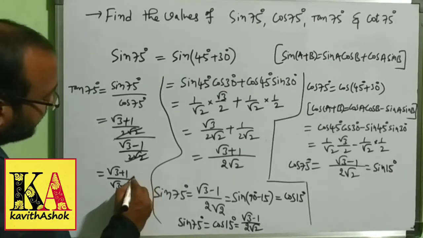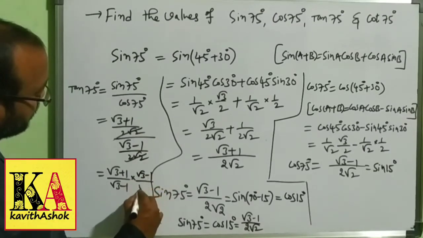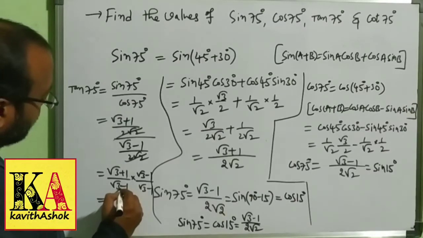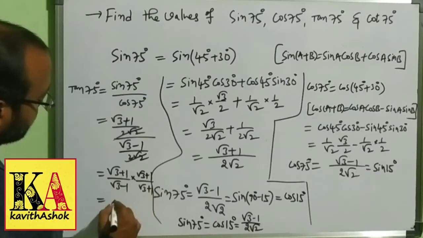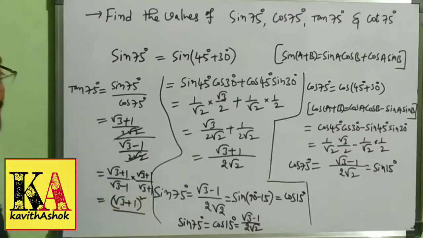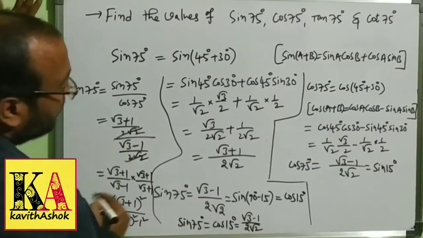Or by using the rationalization method, rationalize the denominator, root 3 minus 1. The conjugate is root 3 plus 1, root 3 plus 1. This is root 3 plus 1 whole square by A plus B into A minus B, A square minus B square, root 3 square minus 1 square. Now finally, what we can get here?